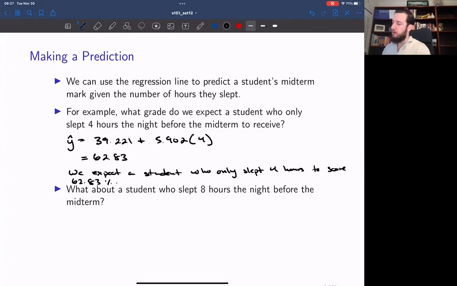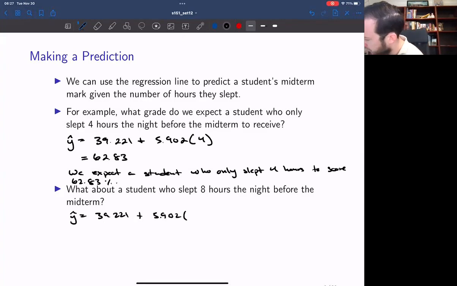Okay, so second example, exact same process, different quantity. What about a student who slept 8 hours the night before? Okay, well, we just take our line, multiplied by 8 now.